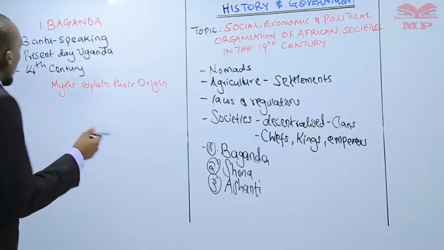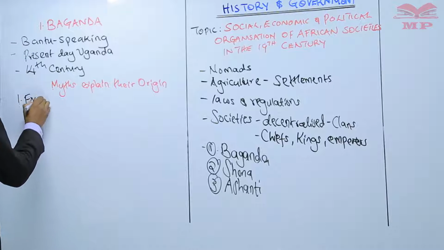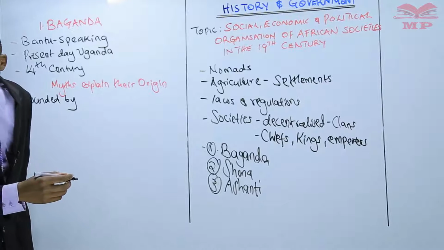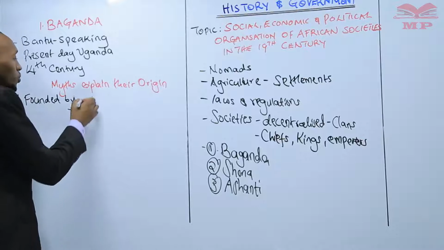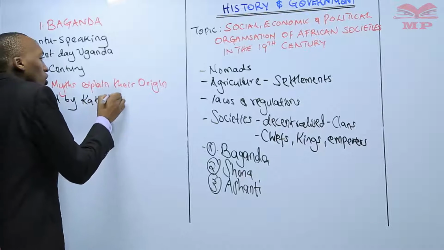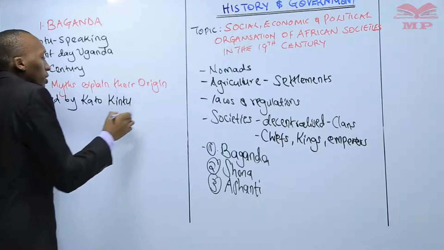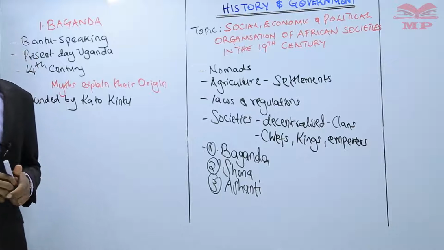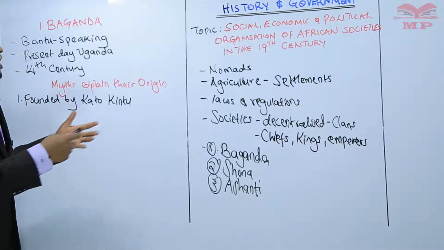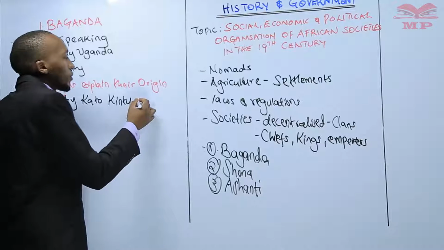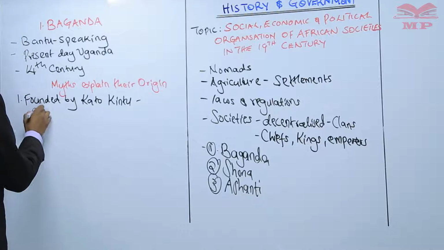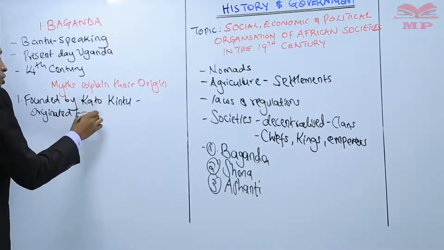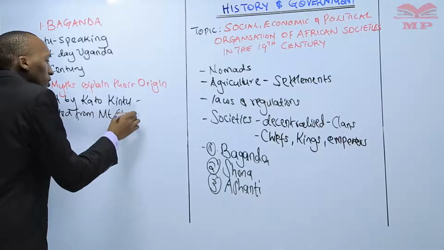One is that it was founded by someone known as Kato Kintu. Some believe that this was the first leader, the first person to initiate this kingdom. He is believed to have originated from Mount Elgon.